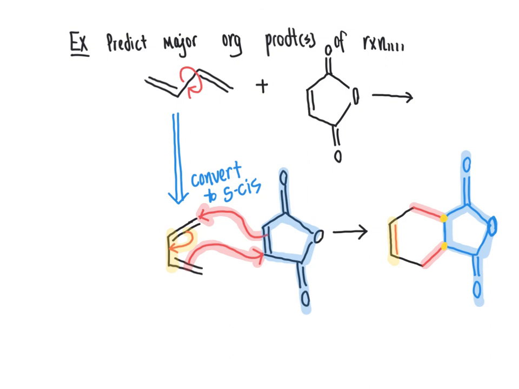And so we can show that in a couple of different ways. One is you could show a wedge coming up here and a wedge coming up here. That would be one appropriate way to go about accomplishing this. You could also show the enantiomer of that by changing the wedges to dashes.